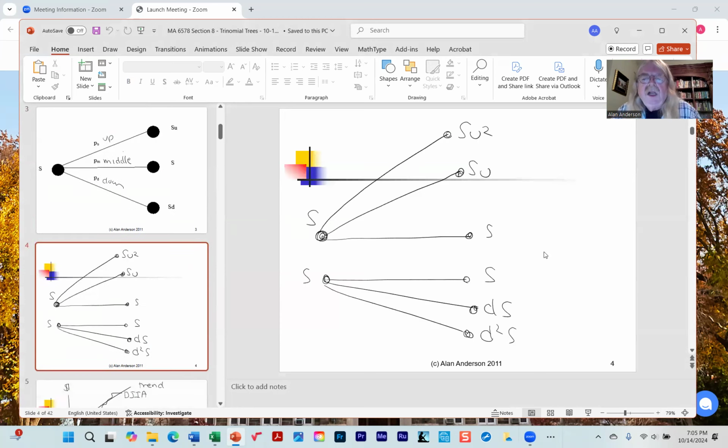As I started to say, other branching structures are possible. You could have two upward movements and one where you just stay where you are. Or at the other extreme, you could have the stock staying where it is or going down even further. Those are all possibilities.